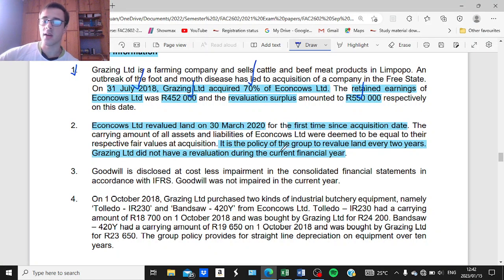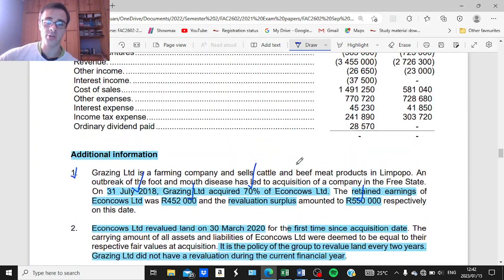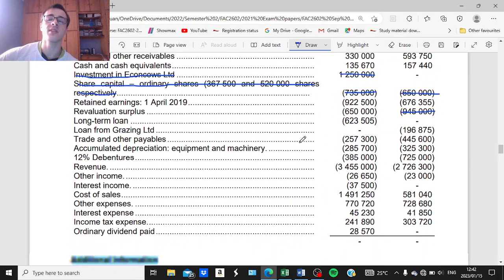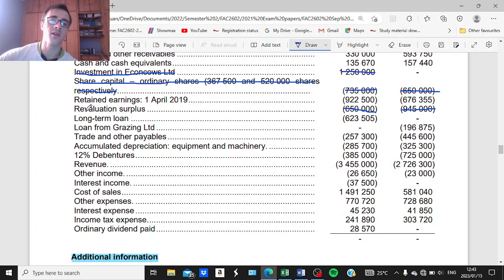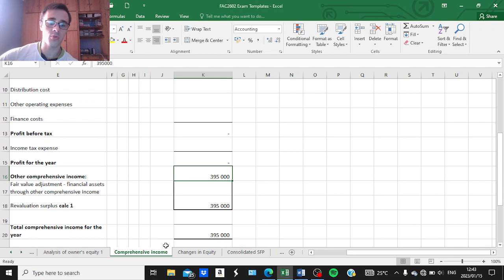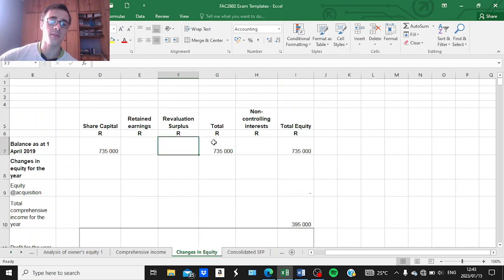And then Grazing Ltd did not have a revaluation during the current year, which means that we can take the revaluation surplus balance for the parent, which is 650,000, as the opening balance for the group. So 650,000 will be the opening balance of the revaluation surplus column for the group.